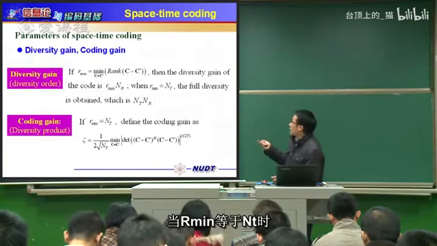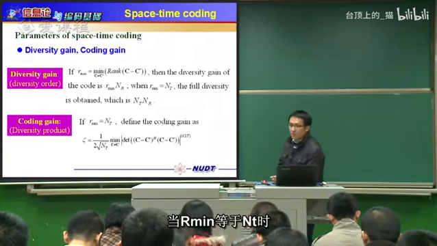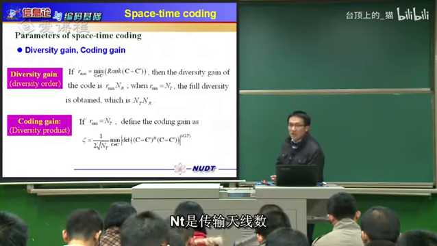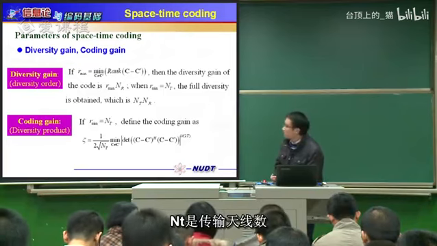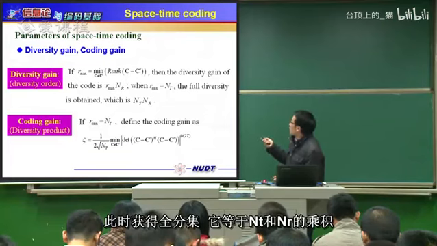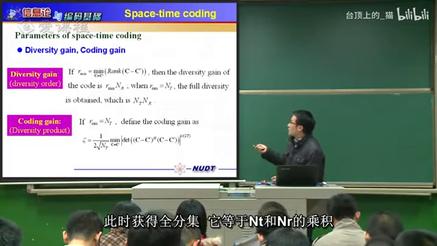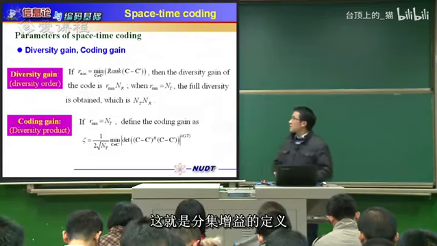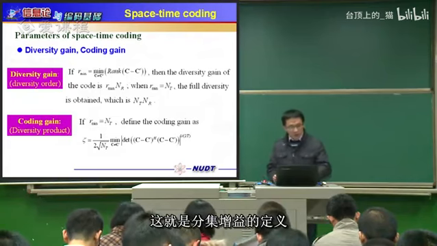When R min is equal to NT, the number of transmit antennas, then the full diversity is obtained, which is NT times NR. So this is the definition of the diversity gain.